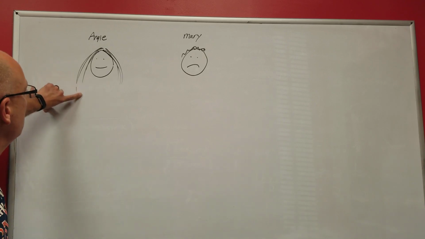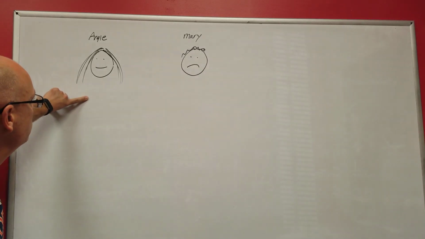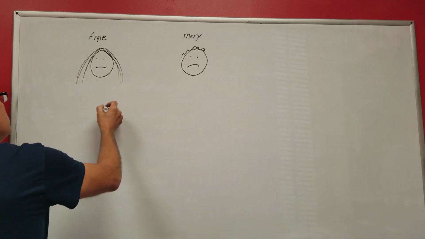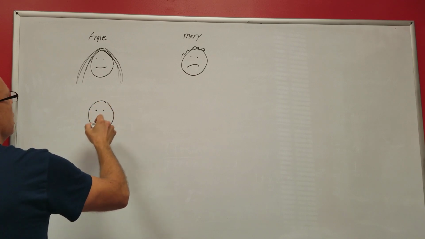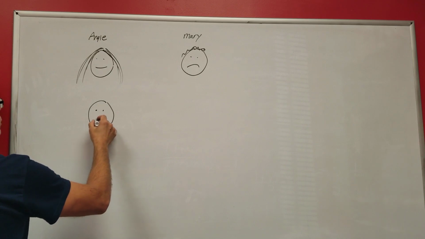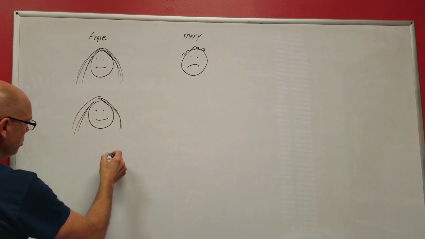All right, let's see. What if you say Angie looks like Mary? Somebody might say, no, they don't. Well, what if you take Angie and you give her different shape eyes like Mary? Okay, so you start out by giving her different shape eyes, okay? Then you say, okay, well, let me alter her look a little more, okay?